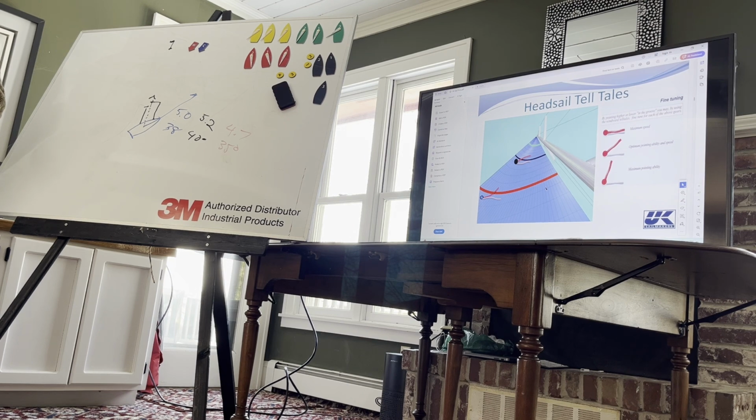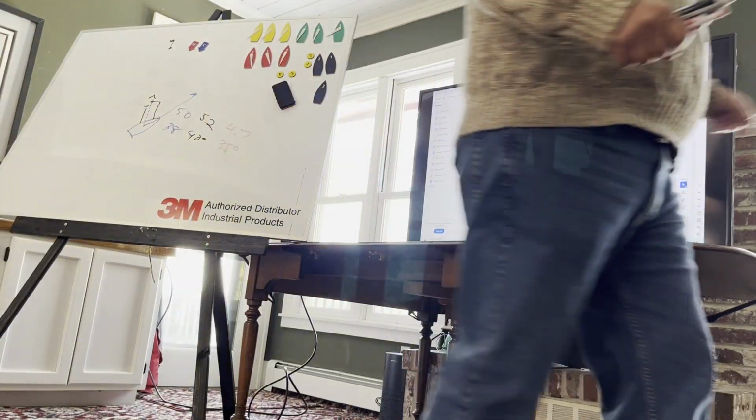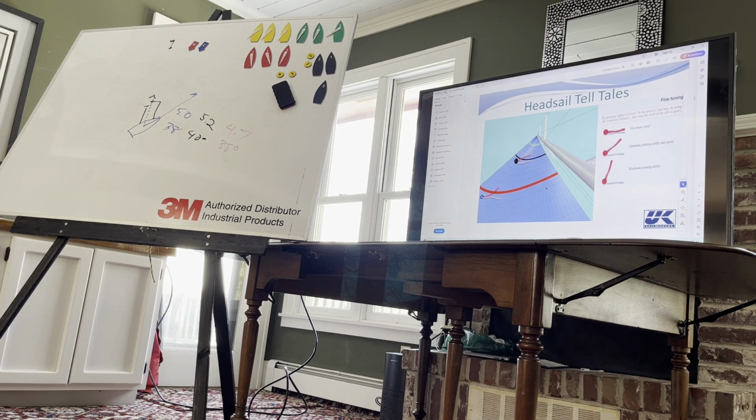So these are your indicators of VMG without your Atlas on board. This is VMG mode right here. This is what I call rumble mode, where you're building boat speed in the boat, and this is high point. So rumble, VMG, high point.